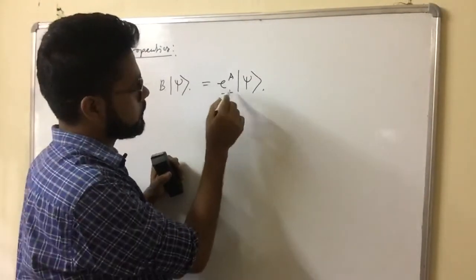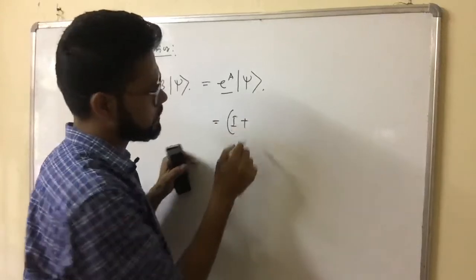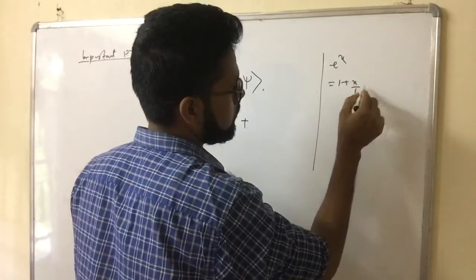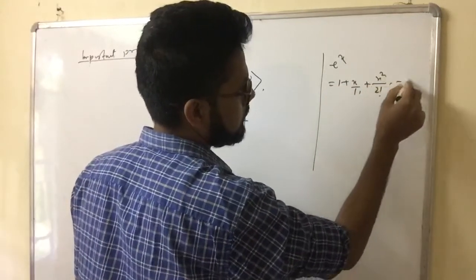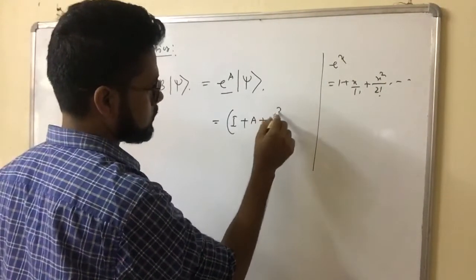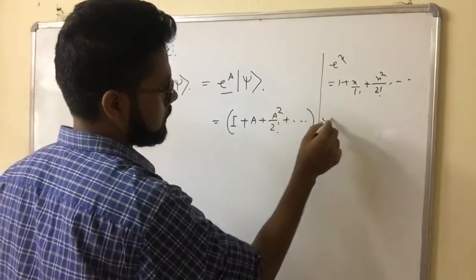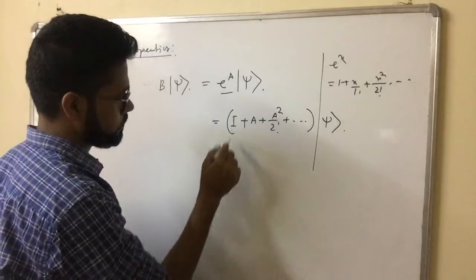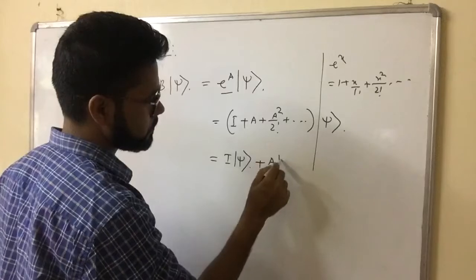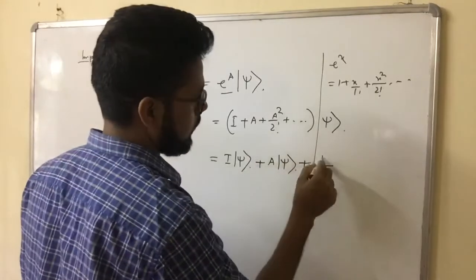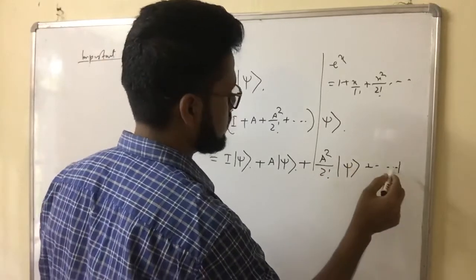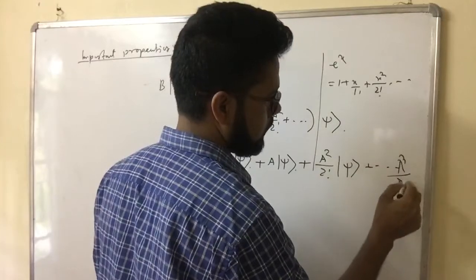If I expand the exponential part, we know e to the power x equals 1 plus x over factorial 1 plus x squared over factorial 2, something like that. So it goes like 1 plus a plus a squared by factorial 2, and so on, and then a to the power n by n factorial, acting on phi.